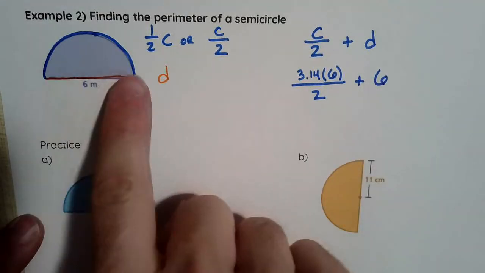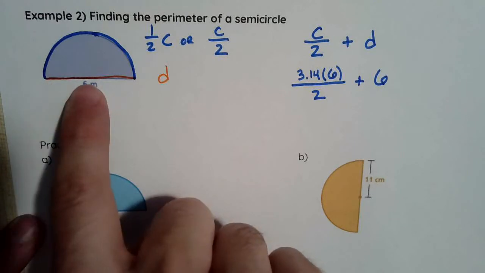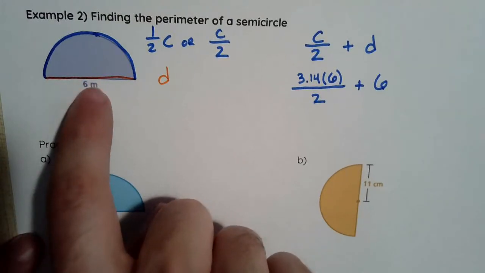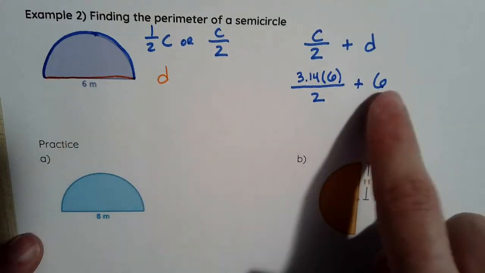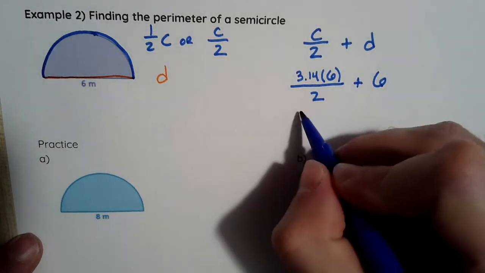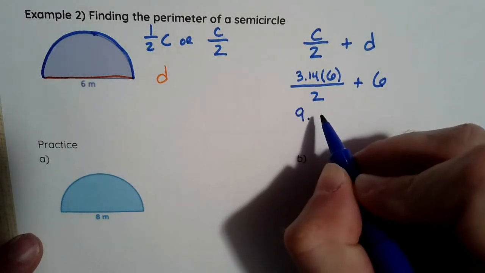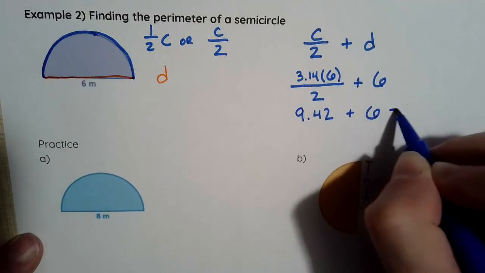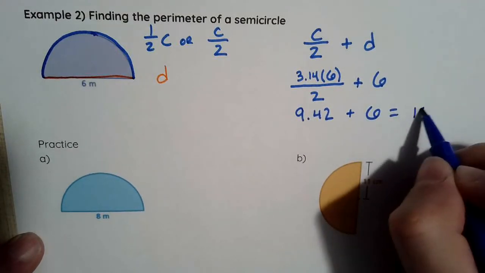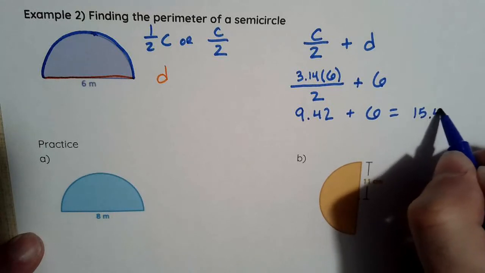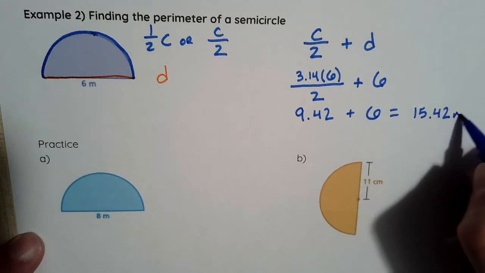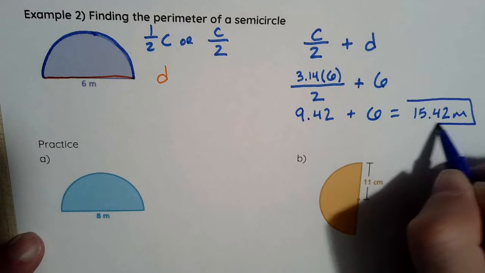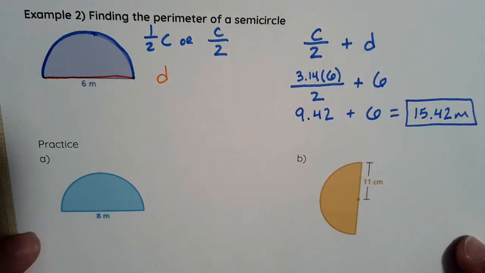If we had a semicircle that just gave us the radius, we would have to double it to find the diameter and make sure that's the value here. This first part gives me 9.42. I add 6, giving me a result of 15.42 meters. And that's the perimeter of our semicircle.